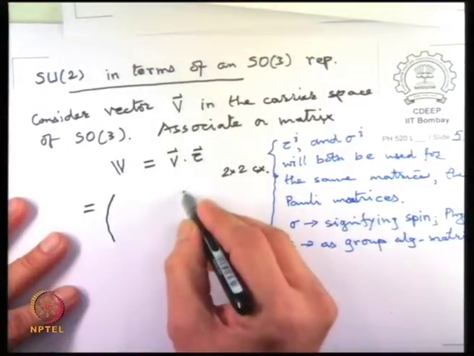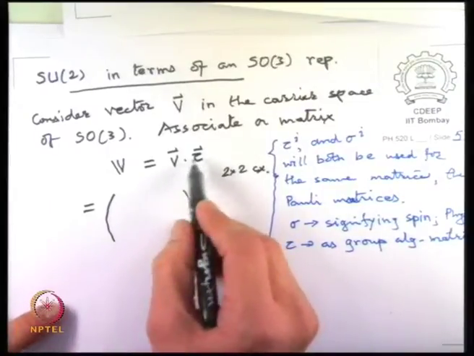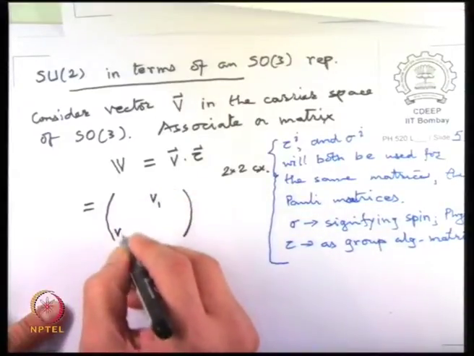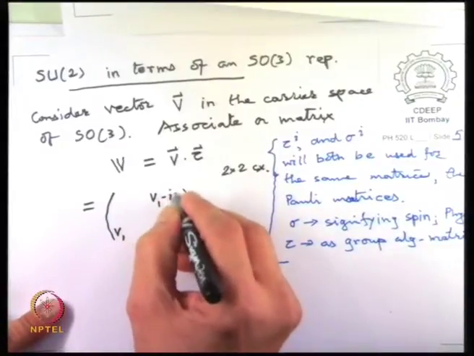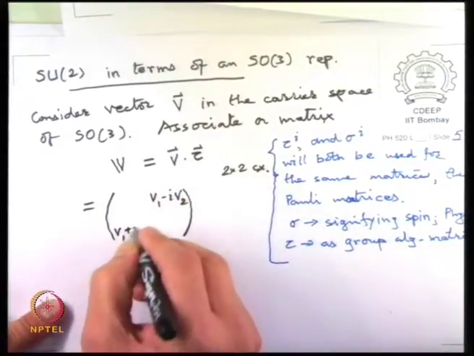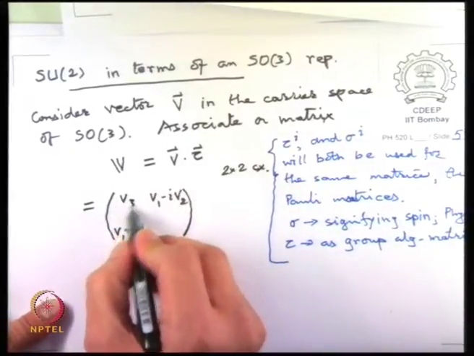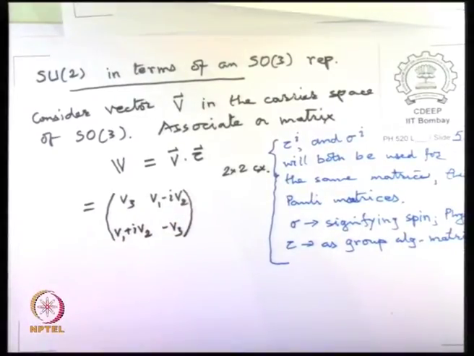What it will become is, V1 times tau 1 will basically put the V1 here, then V2 times tau 2, so minus I V2 and plus I V2, and V3 times tau 3, so V3 minus V3. So this is what this matrix looks like. Out of our 3D vector, we create this 2 by 2 complex matrix.